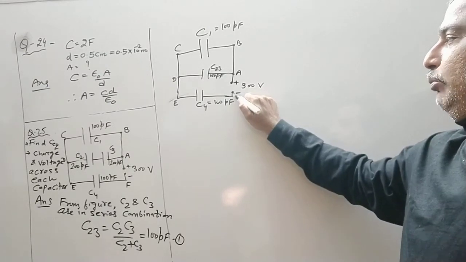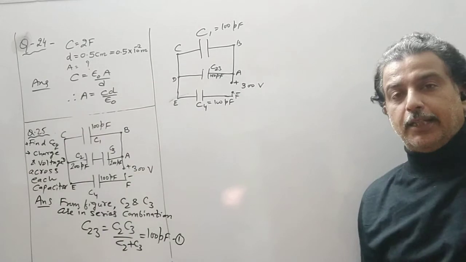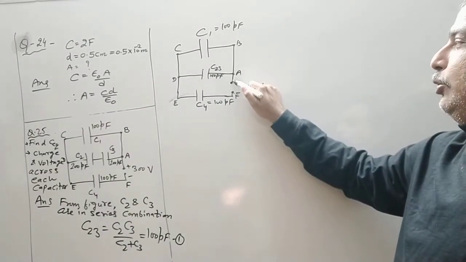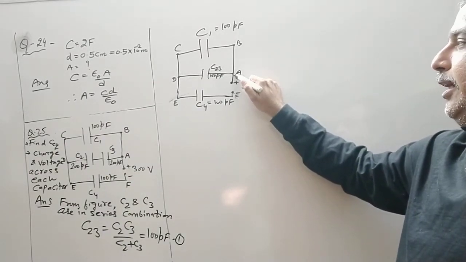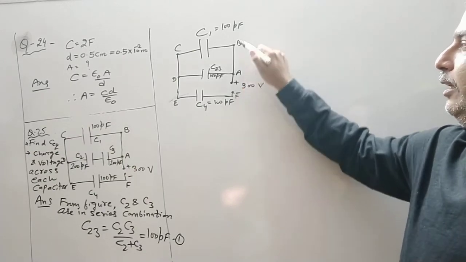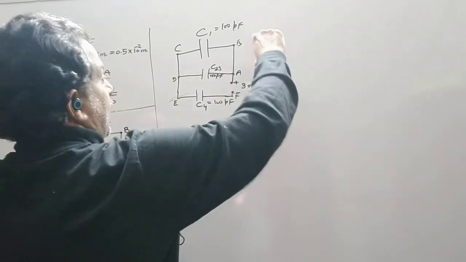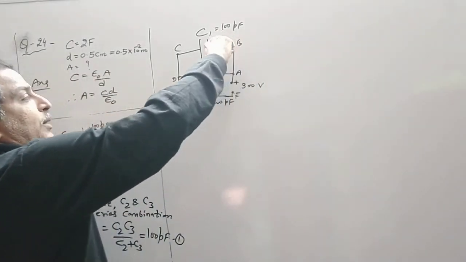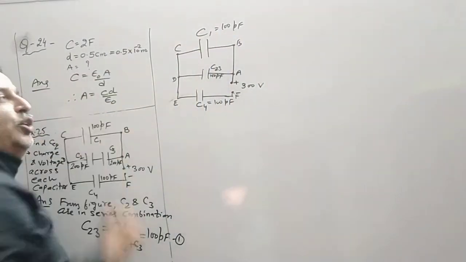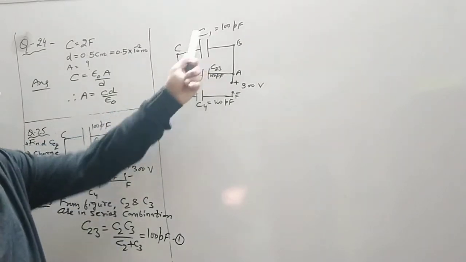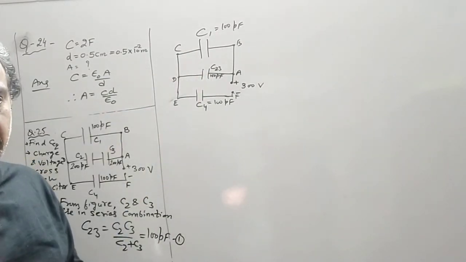So we have to again move from the positive terminal to the negative terminal. Now if I move from the positive terminal, I again see a junction A and the point B. Now you see that points A and B are at the same potential, that is a common point. C and D are at the same potential. So C1 and C23 are in parallel combination.